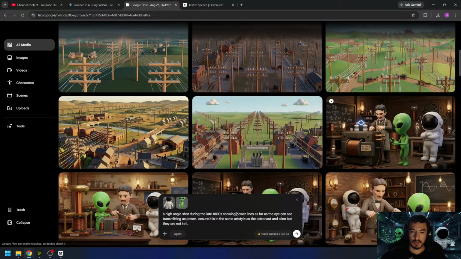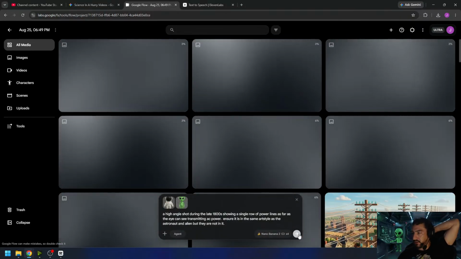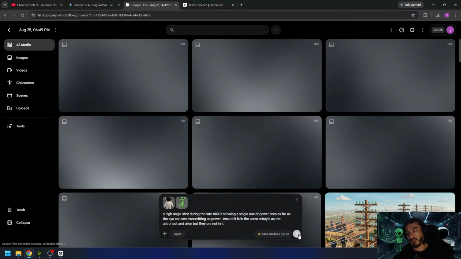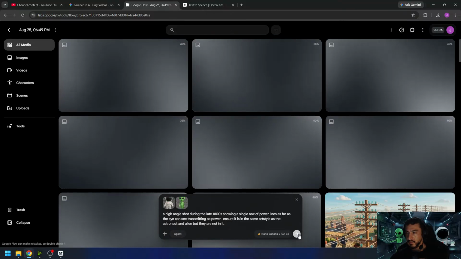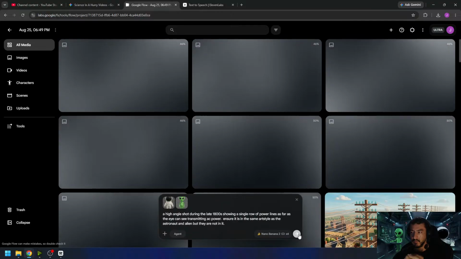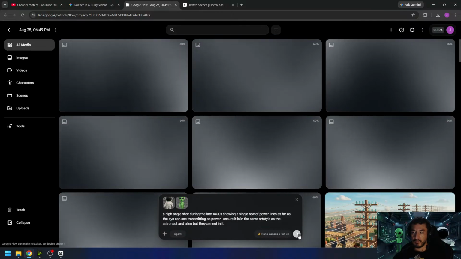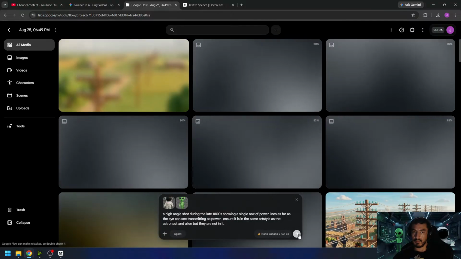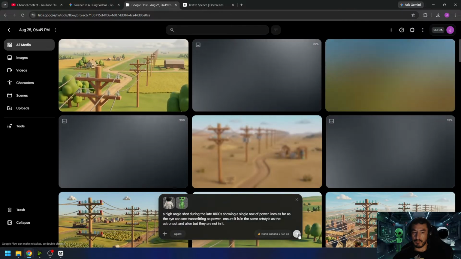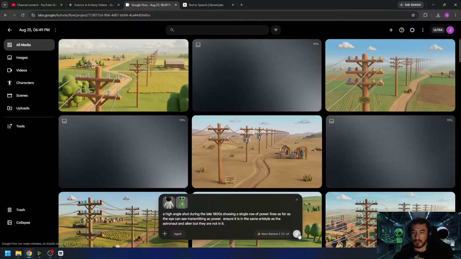Angle shot during the late 1800s showing a single row of power lines, and hopefully that won't be a cluster of a million power lines going all over the place. Okay, this one is more in line with what I was looking for.